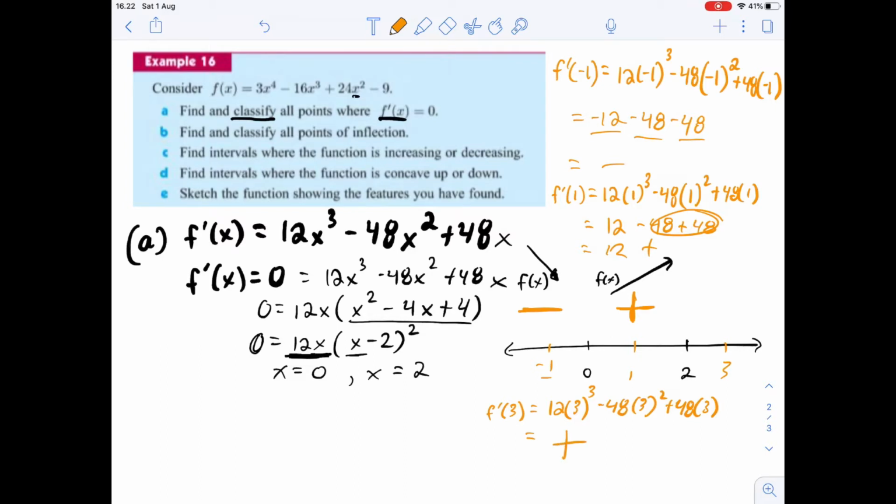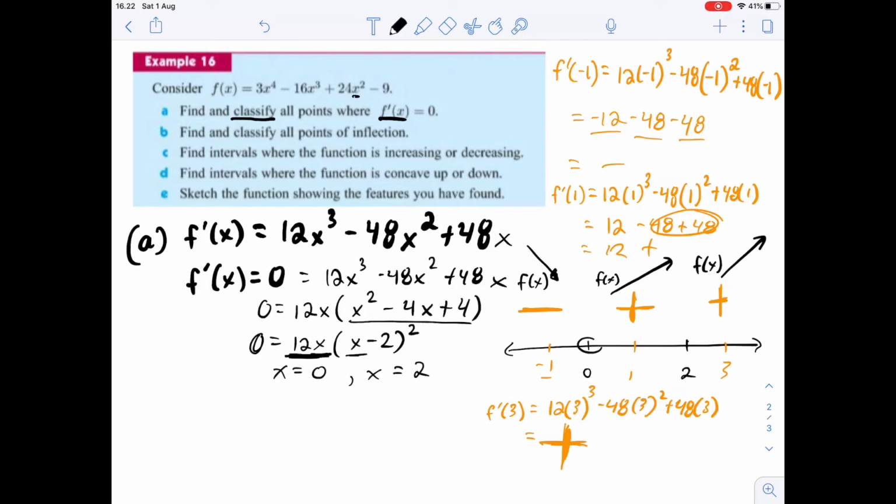And when I do, I get a really big number. Again, what matters here is the sign. So this is a positive number as well, which means f of x is going to be increasing as well.